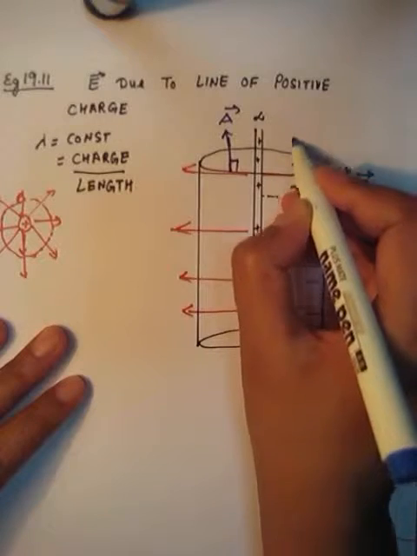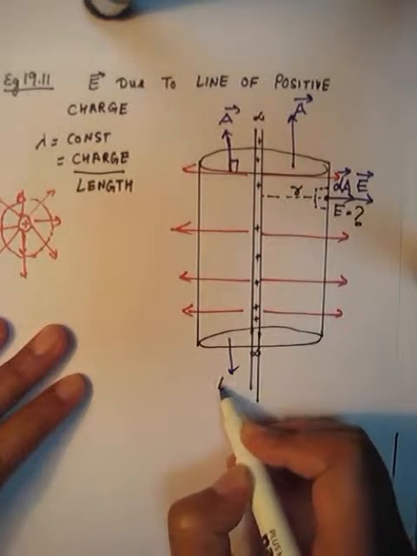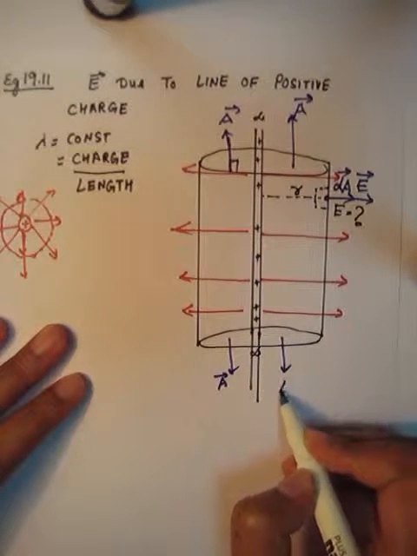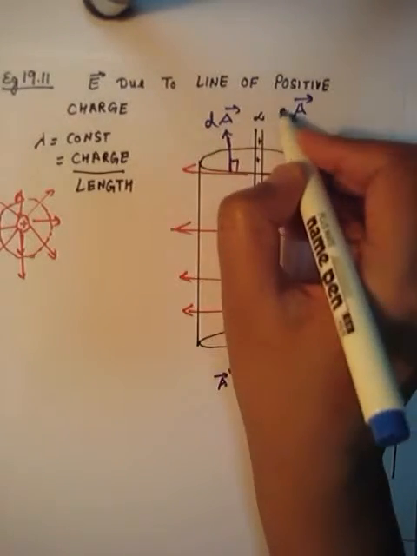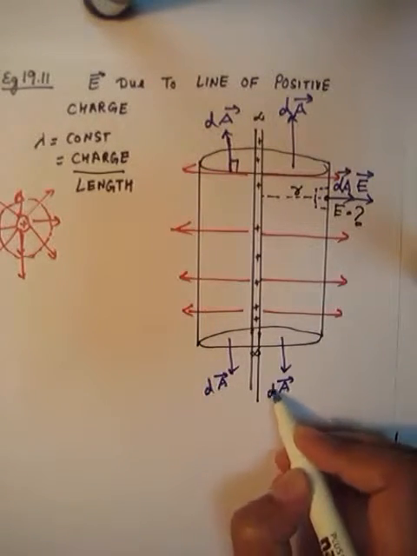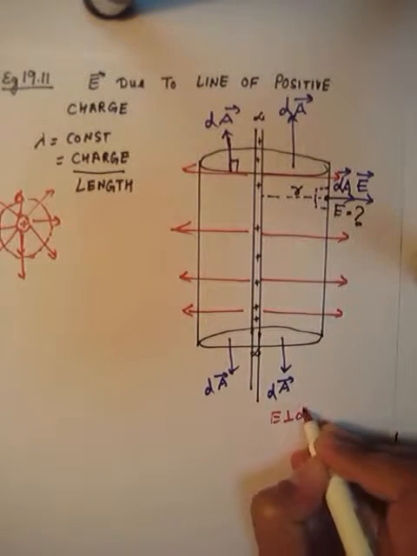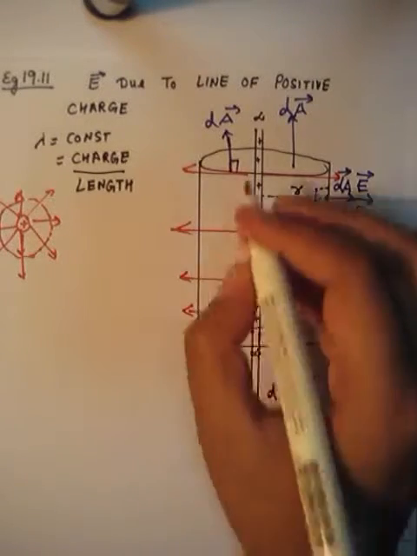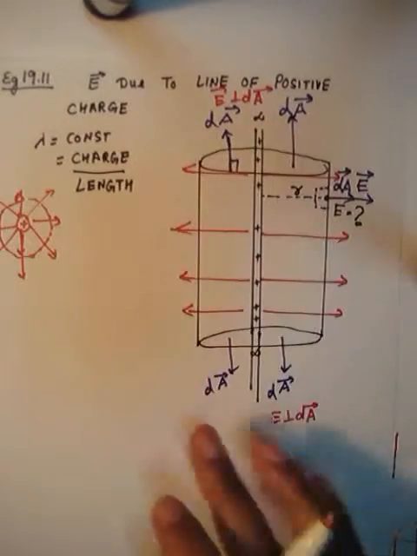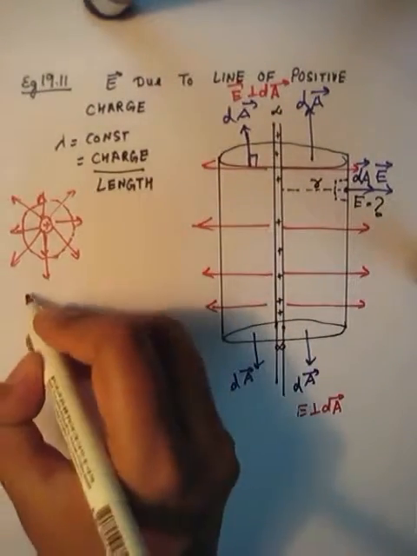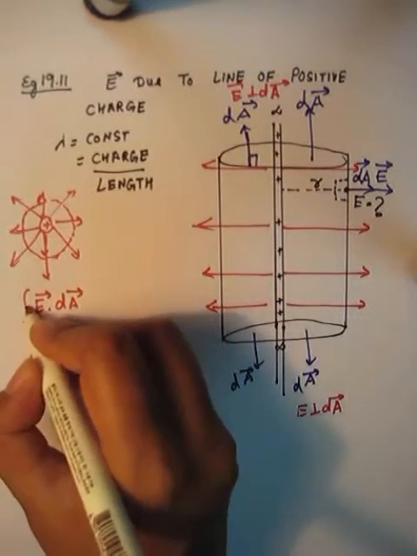We will not consider these areas because here the area vector will be perpendicular to the electric field. E vector is perpendicular to dA vector here also, and even here. So when we write Gauss's law, it is the integral of E vector dot dA vector.